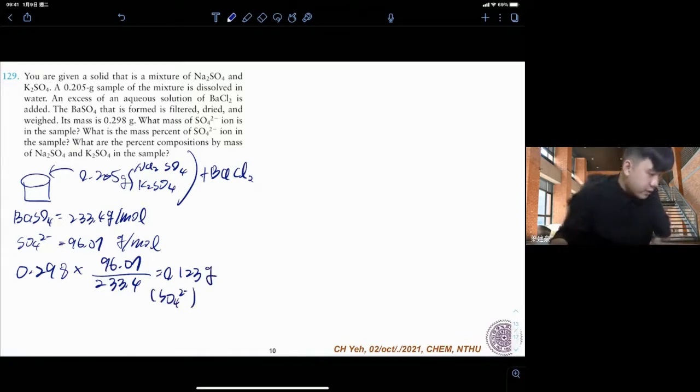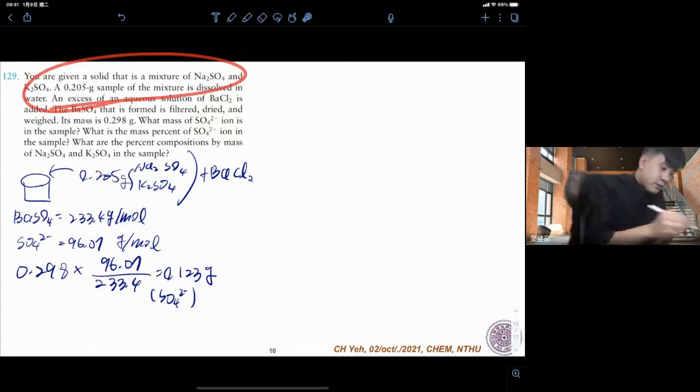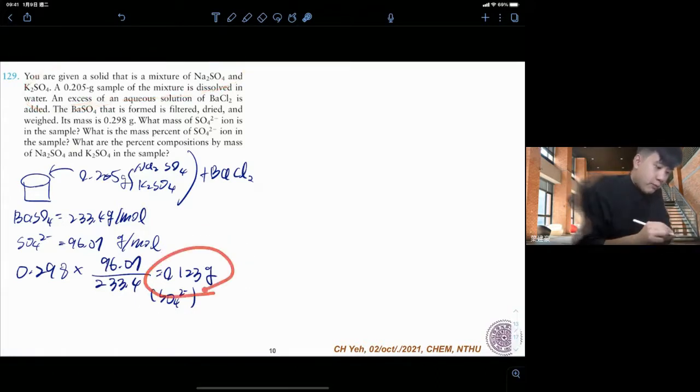Okay, and we know one thing. The total sample mass of this mixture is 0.205.